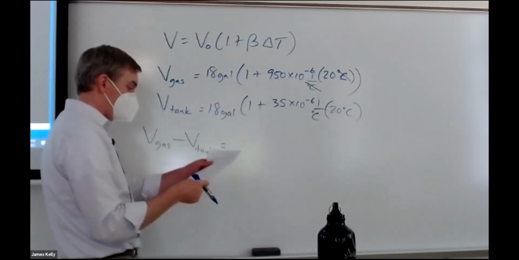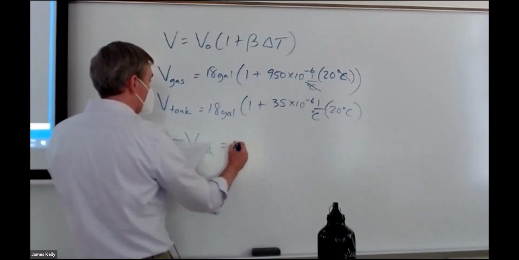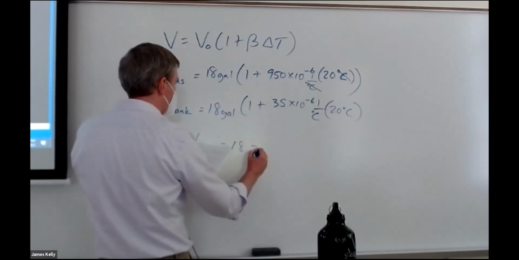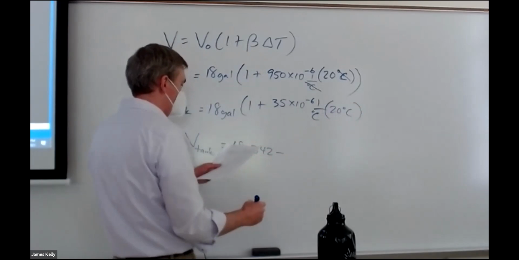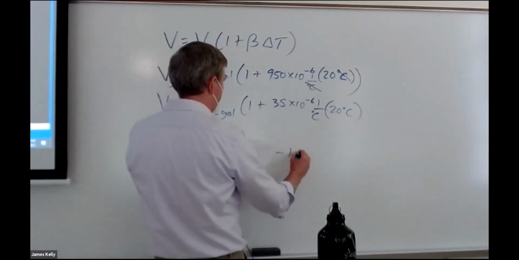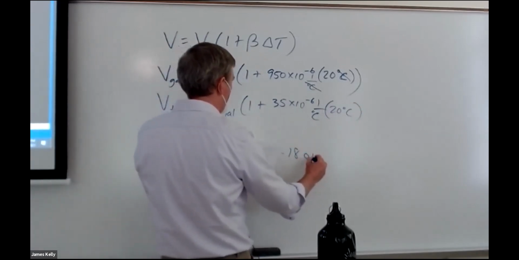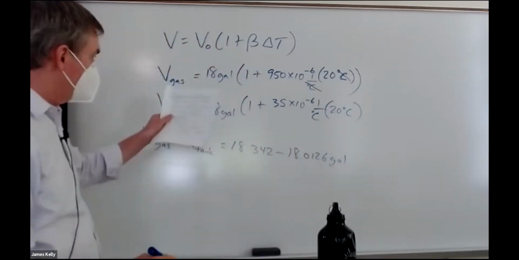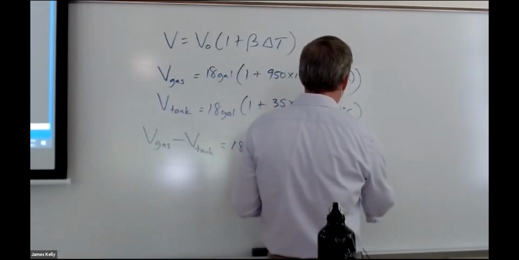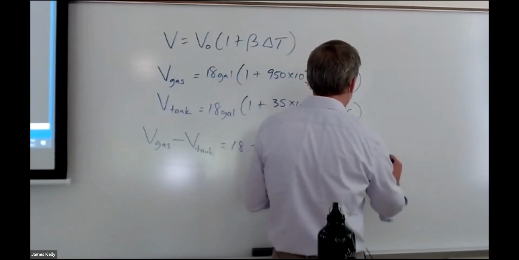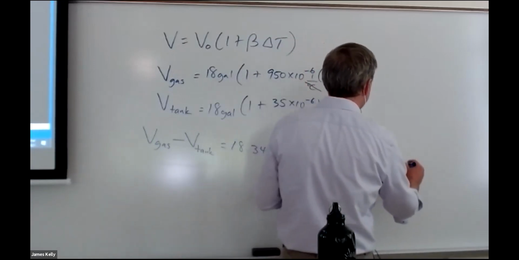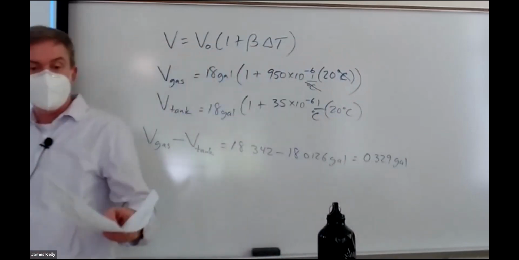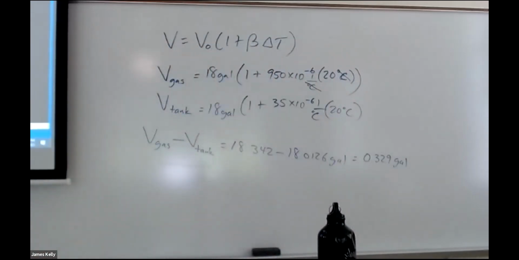So this was 18.342 gallons minus 18.0126 gallons. Those are the numbers I got individually for those. And when you subtract them, you get 0.329 gallons. So about 1/3 of a gallon overflows.